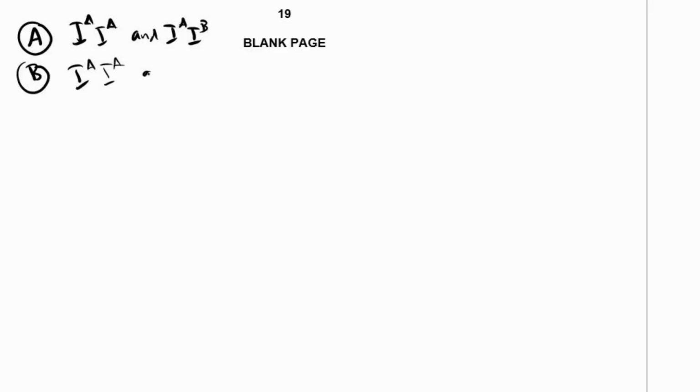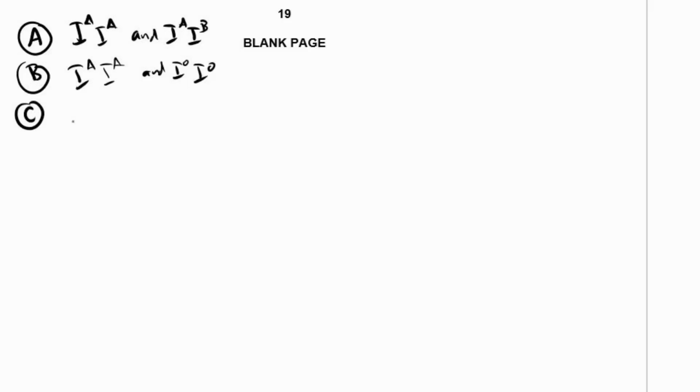So the options: A was IA and IB. B, we had IA and IO.